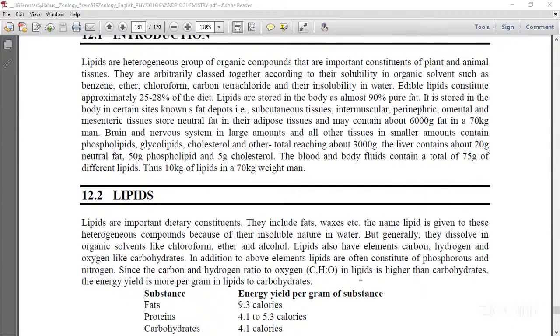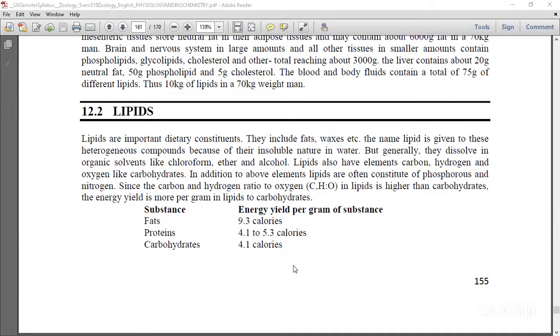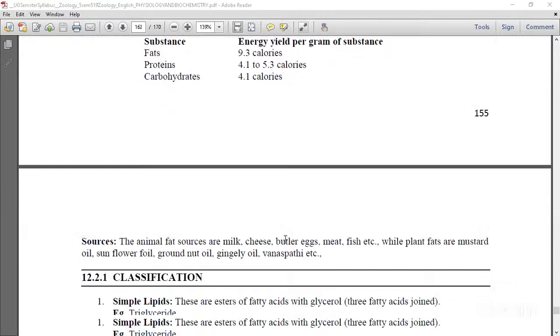Here you can see fats give 9.3 calories of energy, whereas proteins show 5.3 calories and carbohydrates 4.1. So definitely it is more than proteins and carbohydrates.